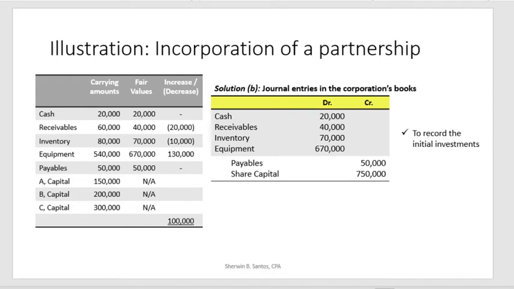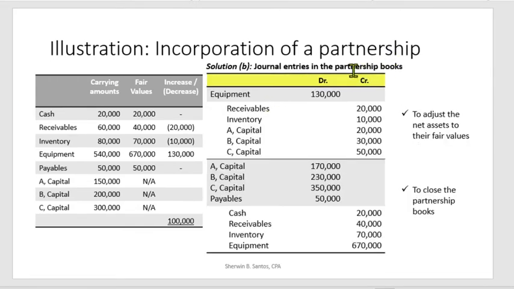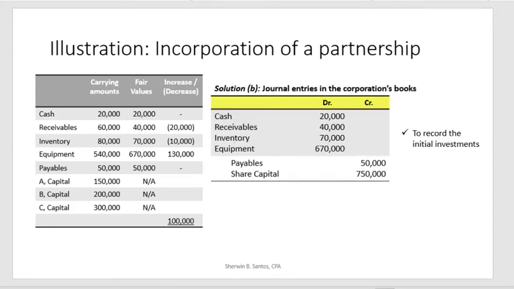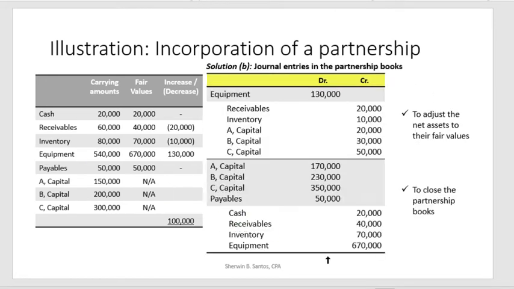Okay, next. Kanina ito ay journal entries in the partnership books. So ano naman ang gagawin ng new books na tayo sa corporations books na. E de kuhanin mo lang lahat ng item na dito ay kinlose mo. Lahat lang ng item dito ibabalik mo doon sa corporation books.